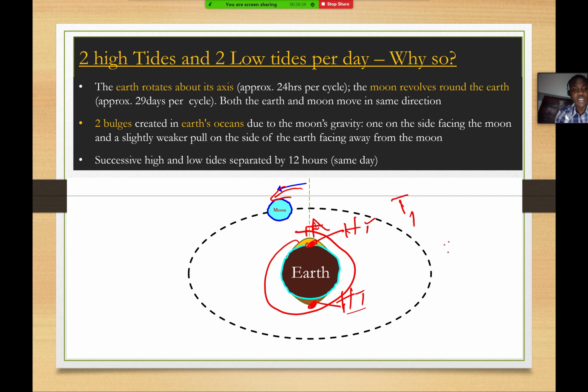So that means in 24 hours, a particular point on the Earth will have experienced 2 high tides and approximately 2 low tides. And that's why, if you look at the map we saw earlier on, most coastal areas of the Earth actually have either a semi-diurnal or mixed semi-diurnal tidal system.